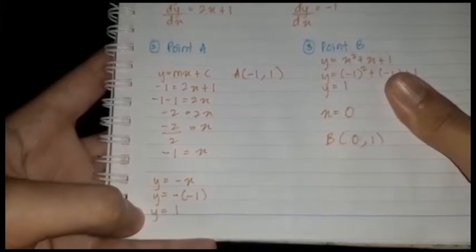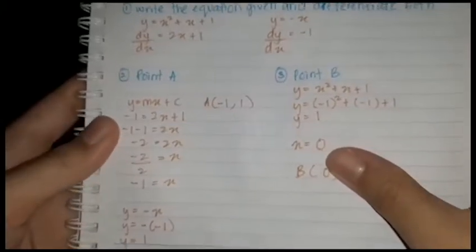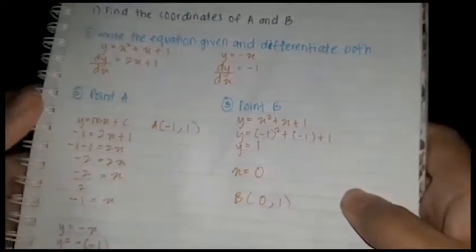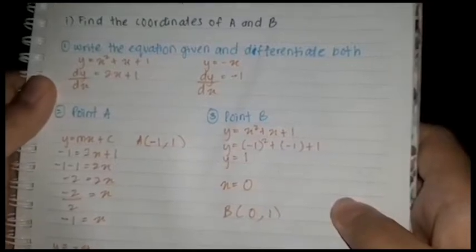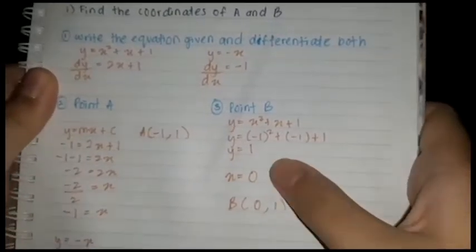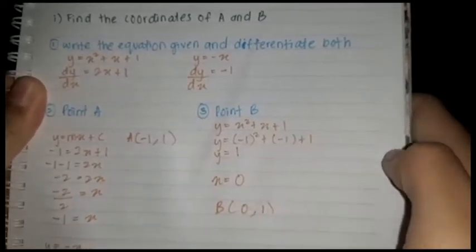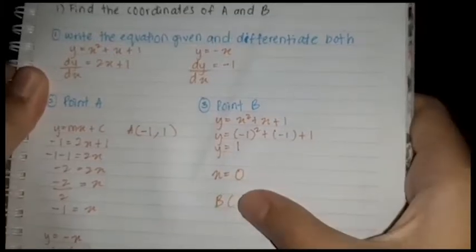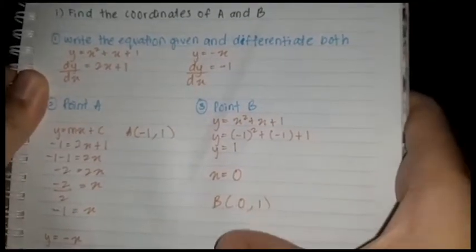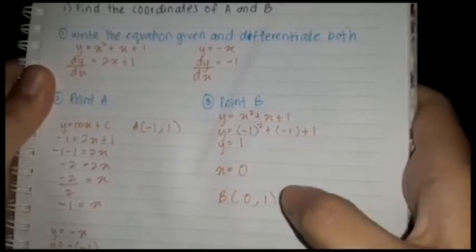So we get y equal to 1. The point A is negative 1, 1. For point B, we use the first equation, y equal to x squared plus x plus 1. We know that x is equal to 0, so we find point B is 0, 1.